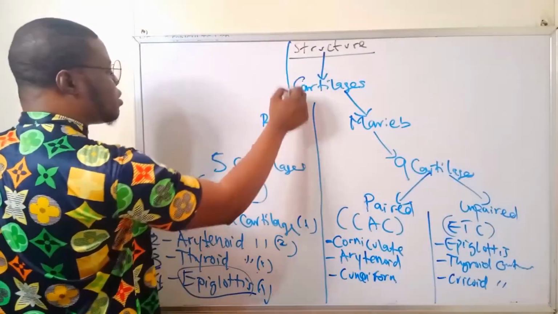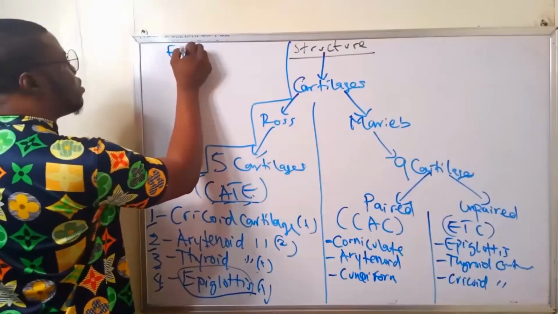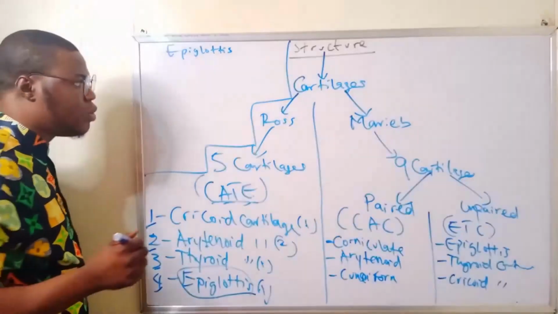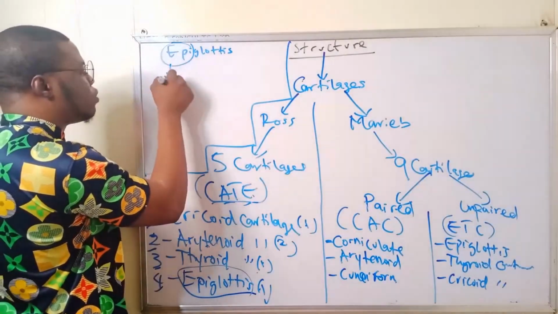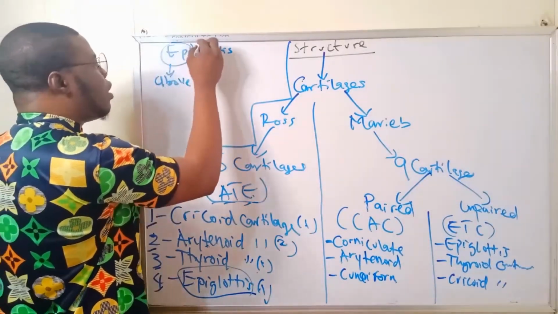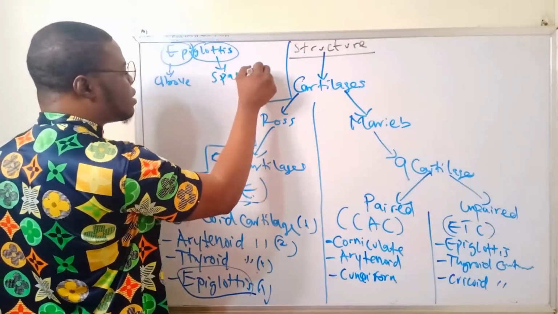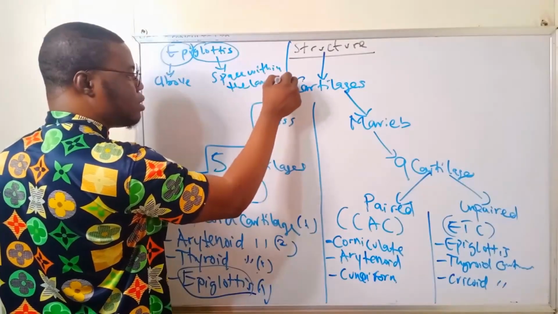So epiglottis. Now, epi is from the word above, and glottis means the space within the larynx. The space within the what? Within the larynx.